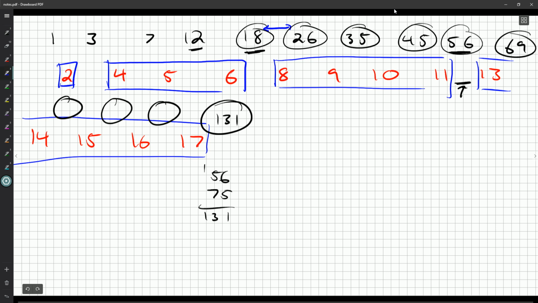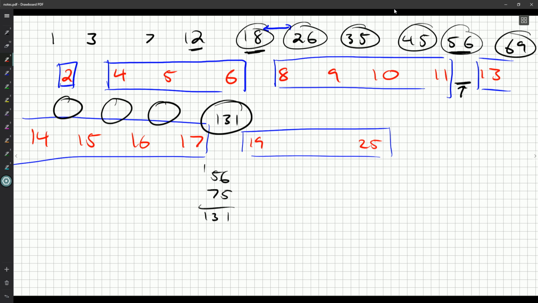And then we would go up and we'd be working with the numbers from 19 all the way up to 25. And so that would give me another stretch of numbers. Now, I'm still not seeing any nice pattern. I think there are just ways to speed up the calculation, and that's really it.